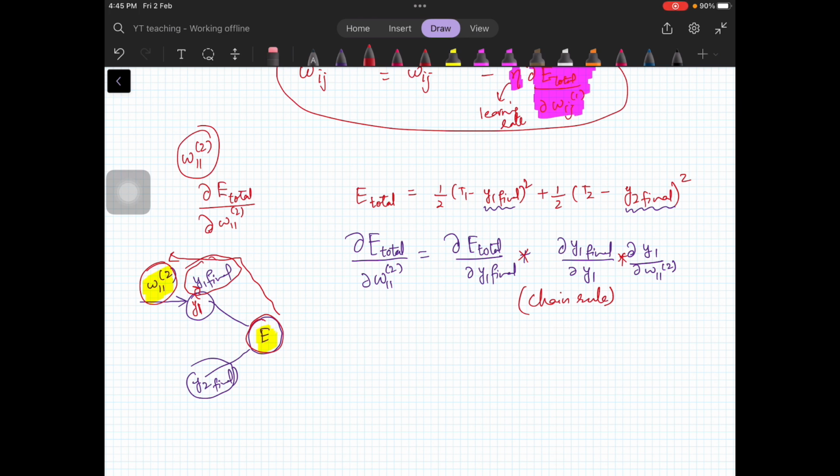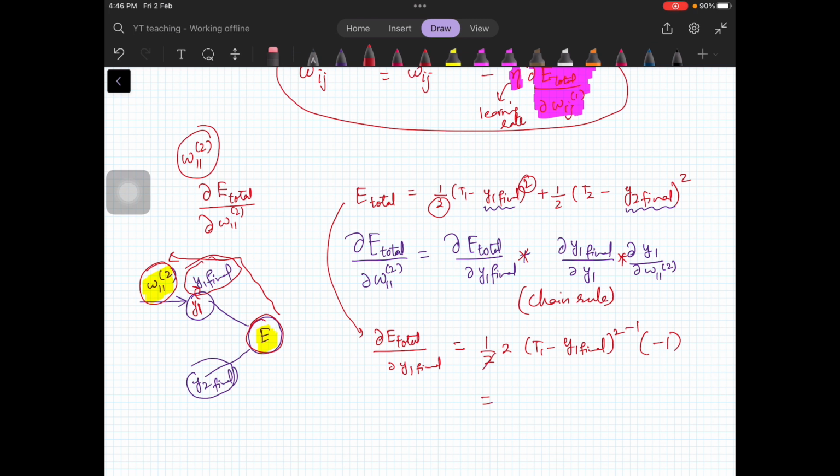Now let us see what is your curly E total with respect to Y1 final. From here you can just differentiate, right? So this is half into 2 times (T1 minus Y1 final) to the power 2 minus 1, times minus 1, right?